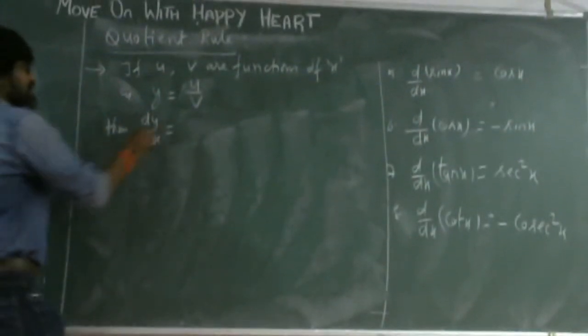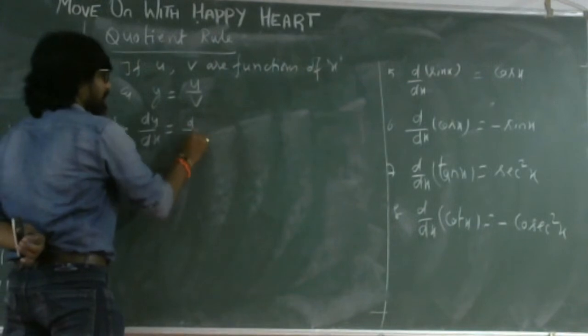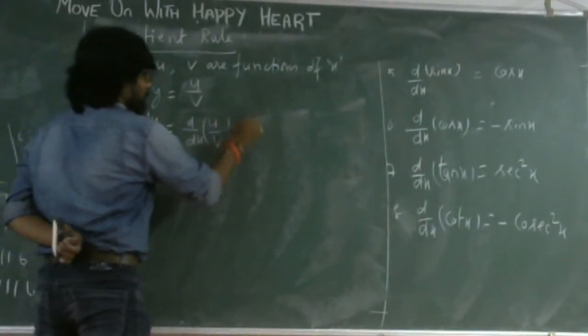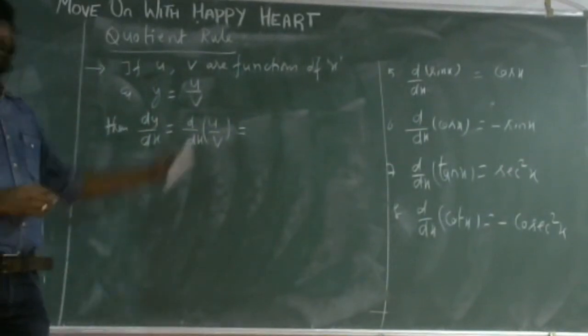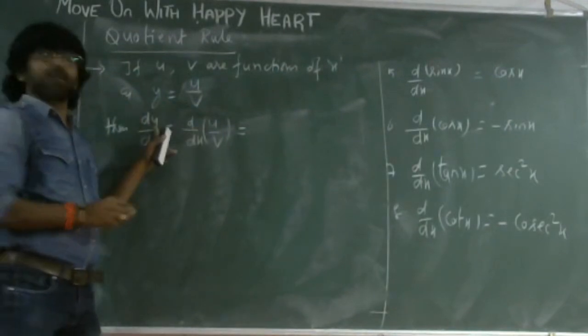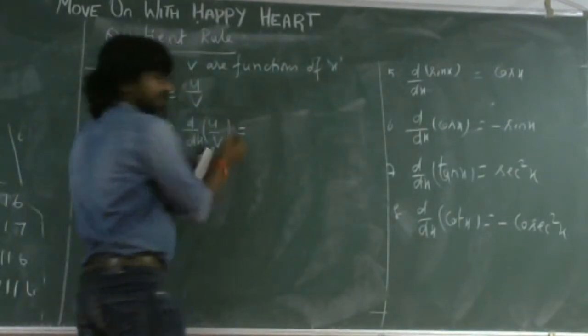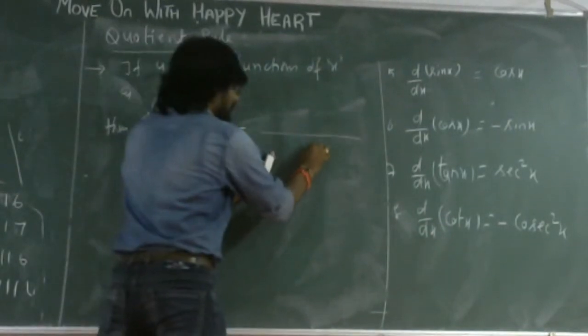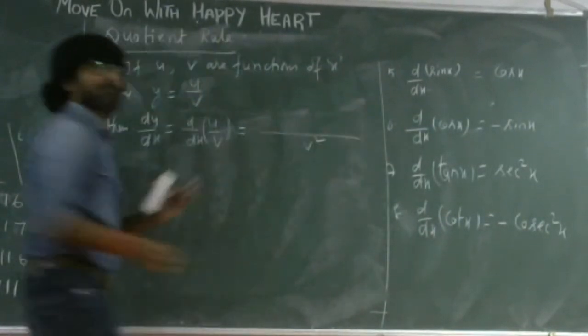Then the quotient rule says d by dx of u by v is equal to: the v which is in the denominator, you have to take this function as it is and square it.